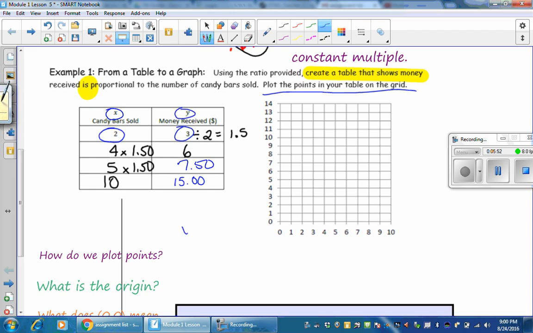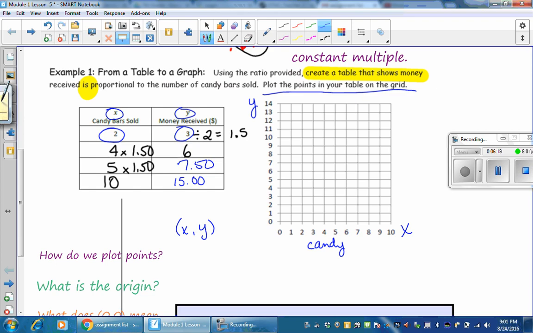So when you write an ordered pair, the x is always the first term and y is always the second term. And then on your graph, the horizontal line is the x-axis, and the vertical line, which goes up and down, is your y-axis. And the x is the number of candy bars sold, so we can go ahead and label that.